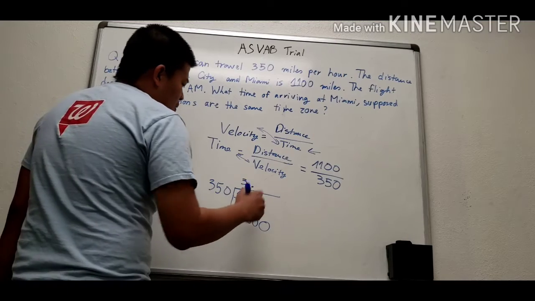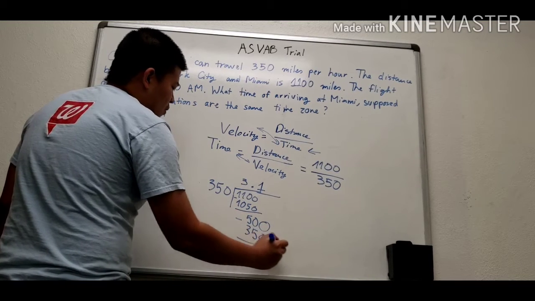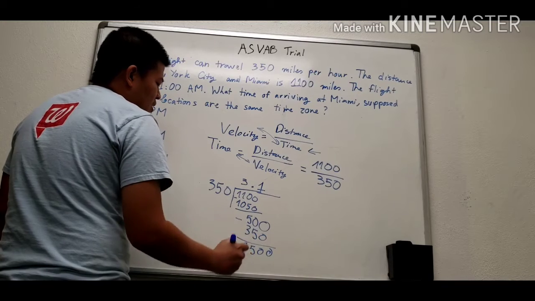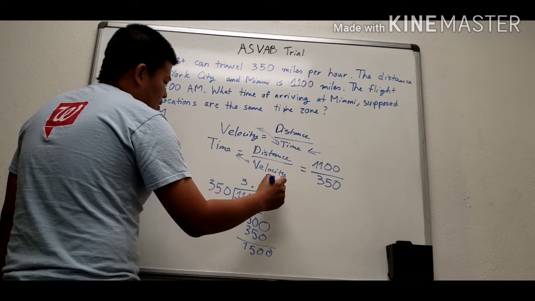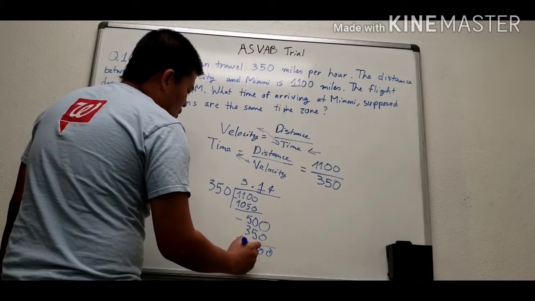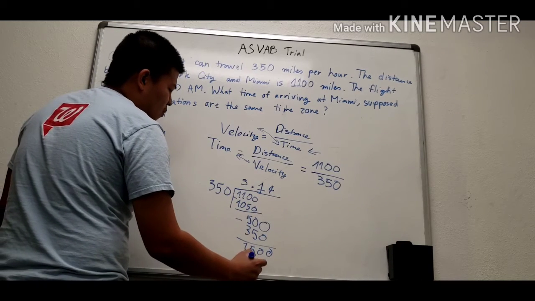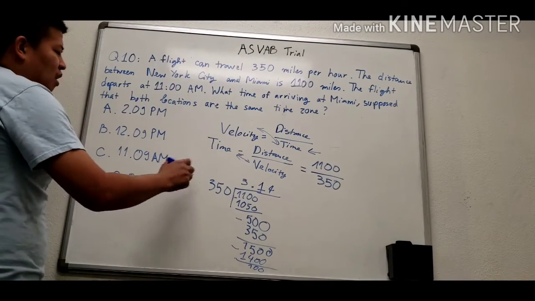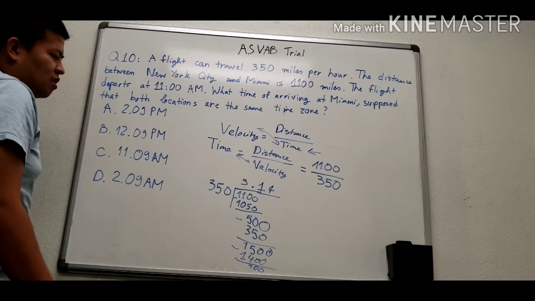This will be 1, and we have 350, and we got 150, and we borrow another 0, so let's say 4. 350 multiplied with 4 is 1,400. So we have 100, and they just keep going again and again. So after we travel from New York City to Miami, you need to consume more than 3.14 hours.